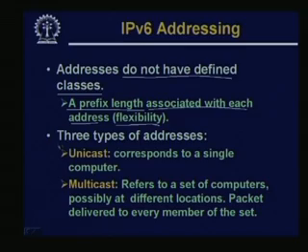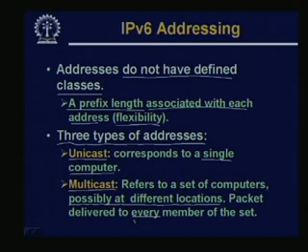In terms of the types of addresses, there are three types. One is of course unicast, where the destination is a single computer. Multicast, where the destination may be a set of computers, but they may not belong to the same LAN. They may possibly belong to different locations. If it is a multicast address, then the packet will be delivered to every member of the set.